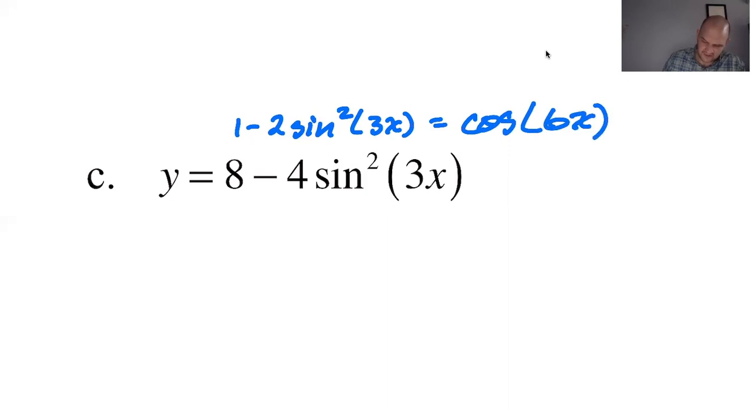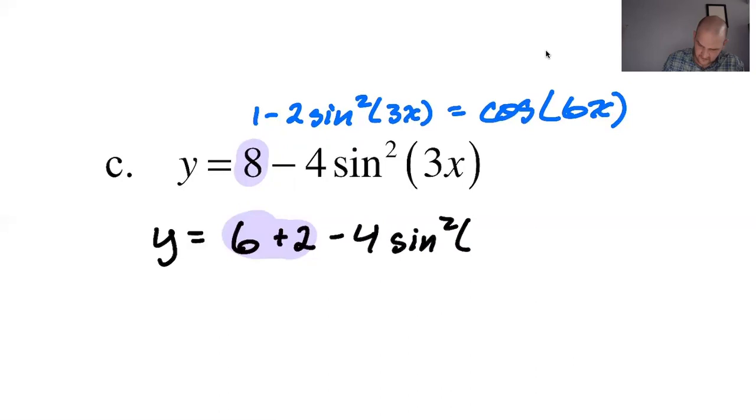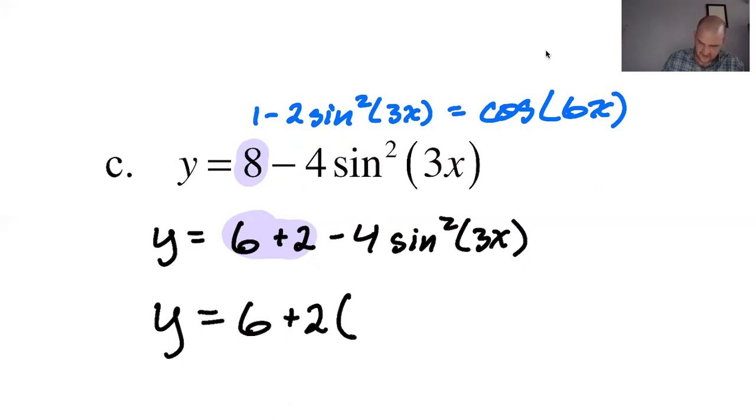The way that I'm going to make that happen, because of the 4, is I'm going to break this up into 6 plus 2, which is 8. So this 6 plus 2 weirdness is just that 8, and then minus 4 sine squared of 3x. Then I'm going to keep the 6 and factor a 2 out of everything that's left.